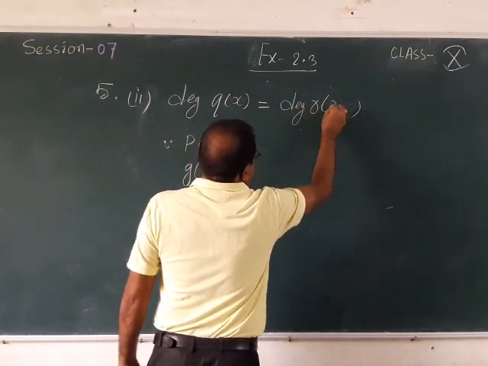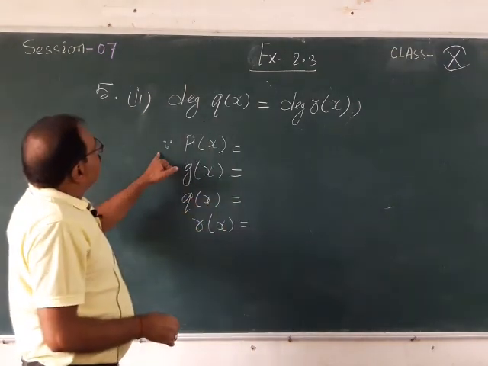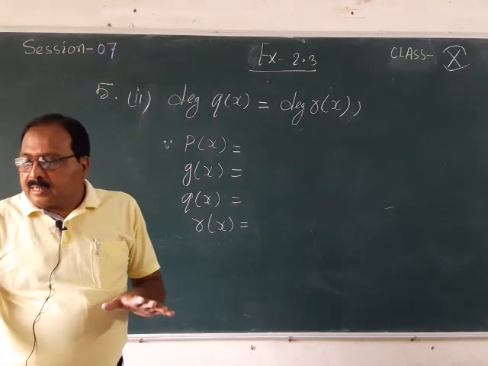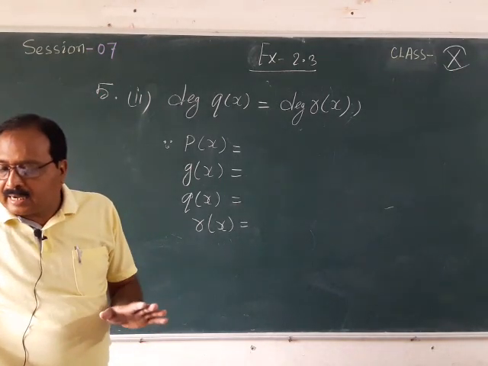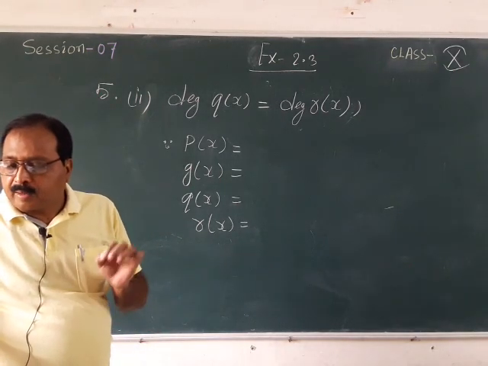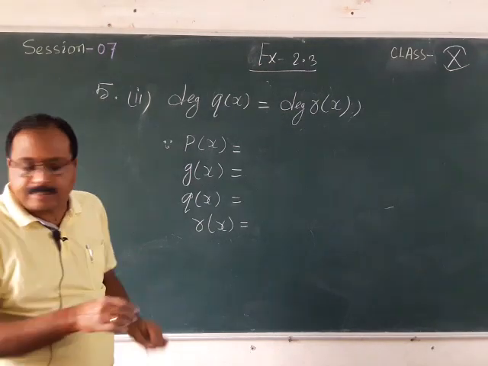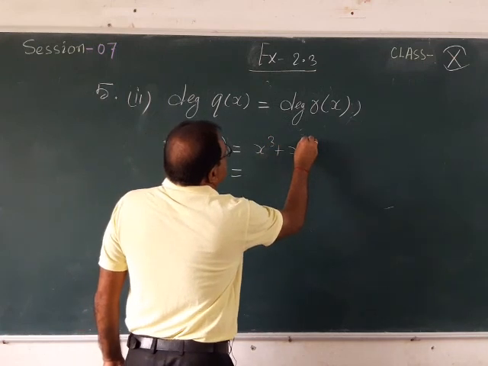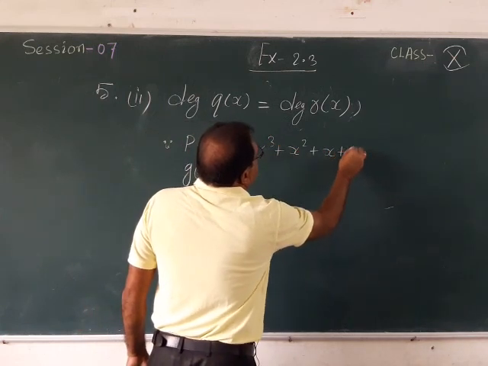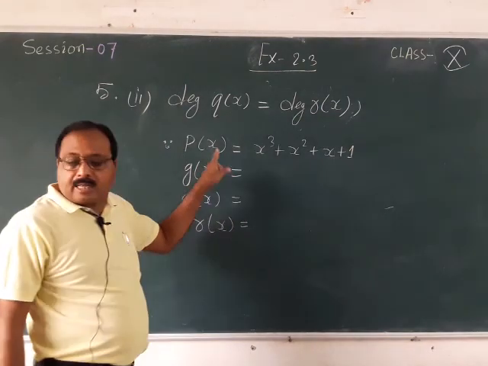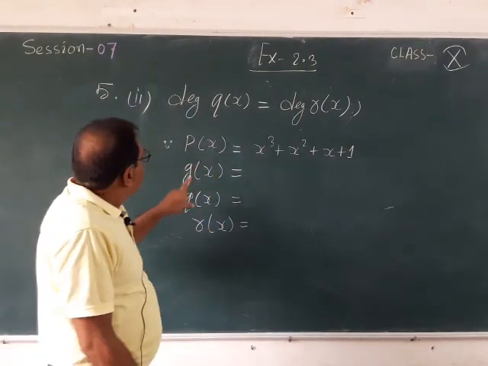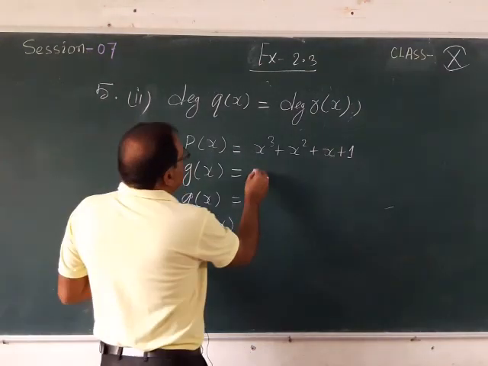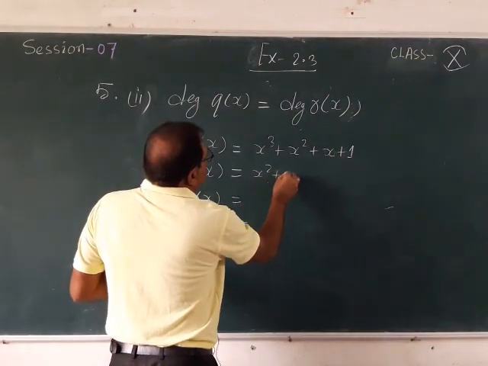According to this statement, it is clear that the degree of Qx and Rx should be less than Px and Gx. So, I can take Px as x cube plus x square plus x plus 1. This is the divisor. Now, the Gx, its degree should be less than Px. That means I can take x square plus 1.